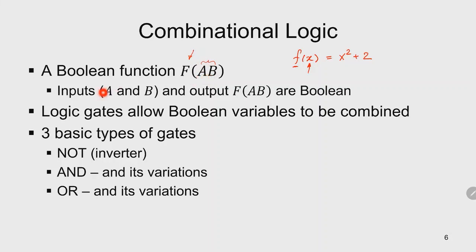In other words, A and B are the inputs of our Boolean functions or our logic circuits, or combinational logic. And the function f of A and B will be the output of our combinational logic.